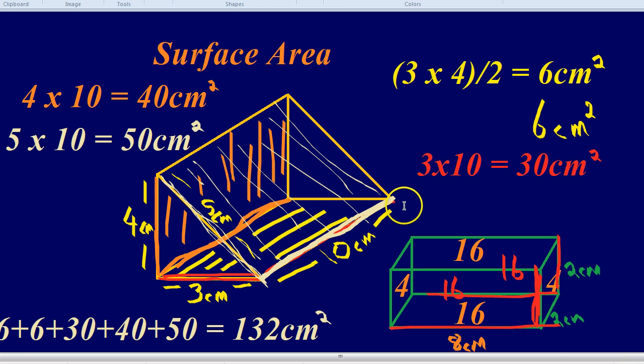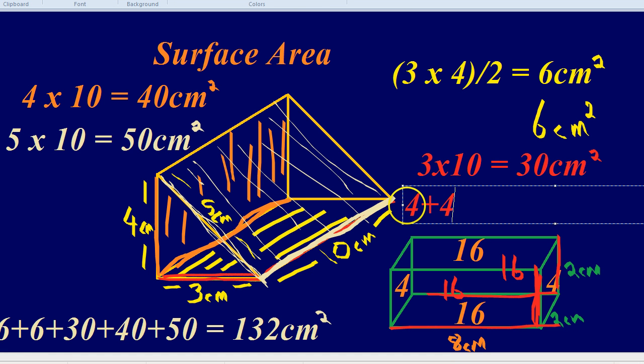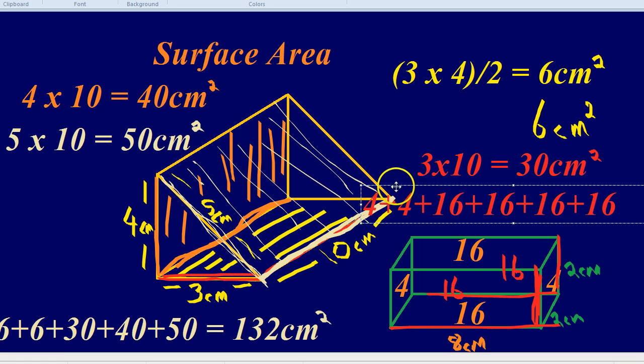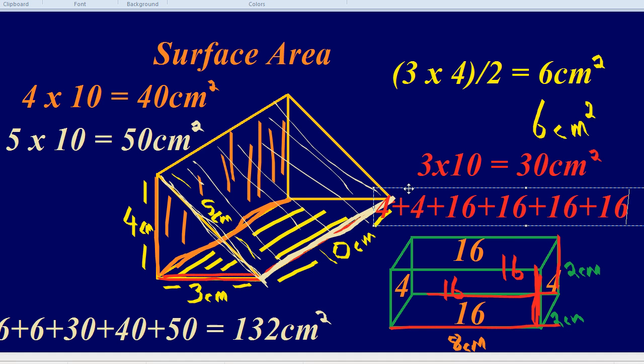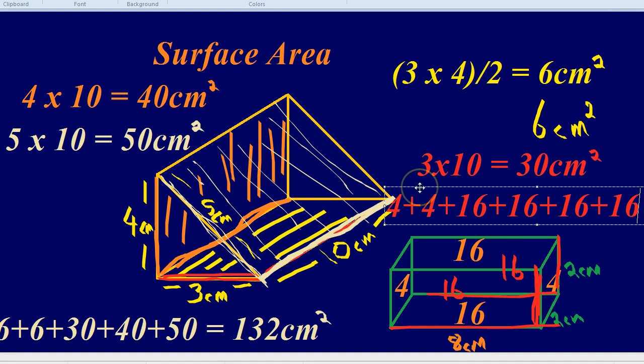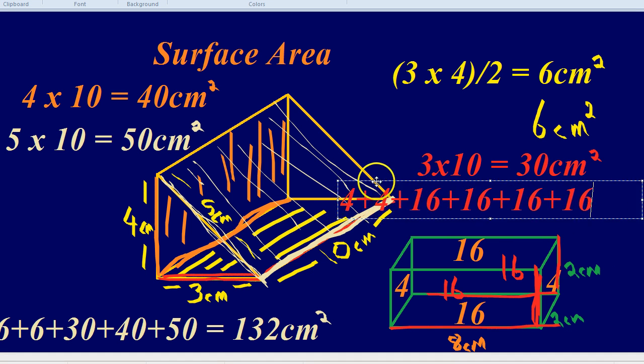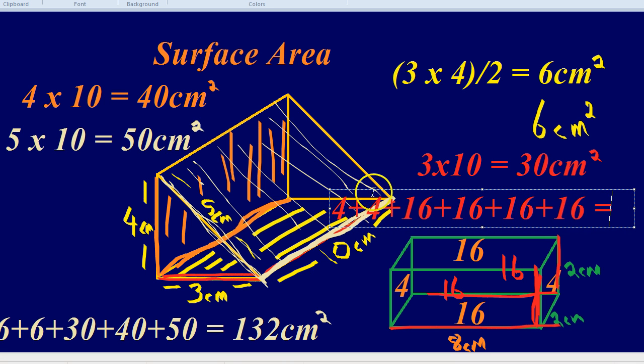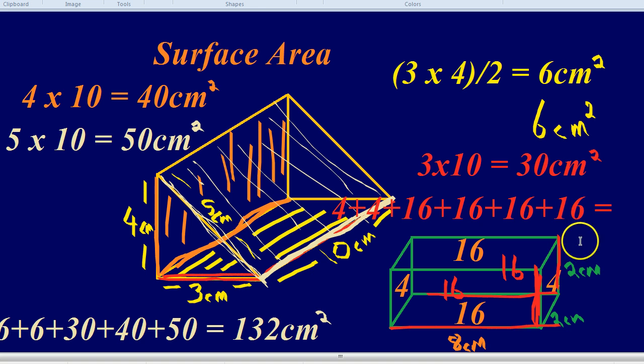In total, we'd have 4 plus 4 plus 16 plus 16 plus 16 plus 16. 16 times 4 is 64, plus 4 is 68, plus 4 is 72. So all of that adds up to 72 centimeters squared, and that is how you find the surface area of 3D shapes.